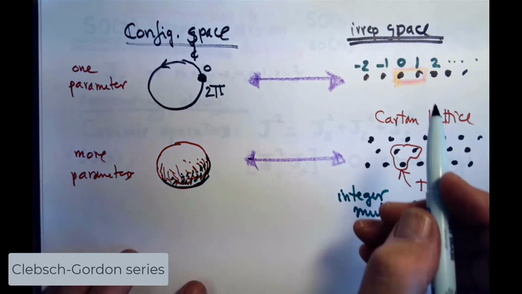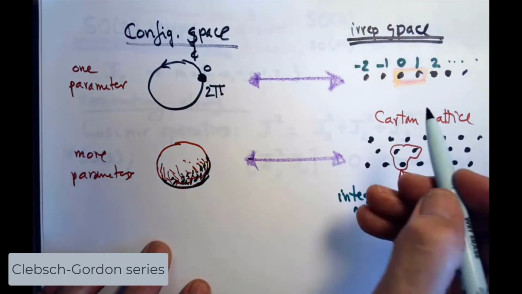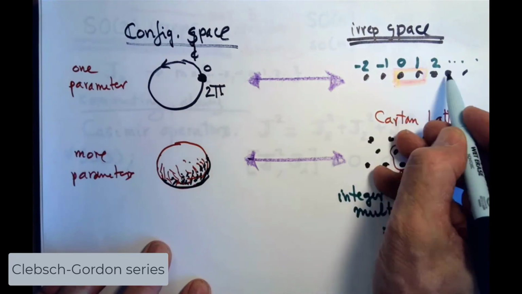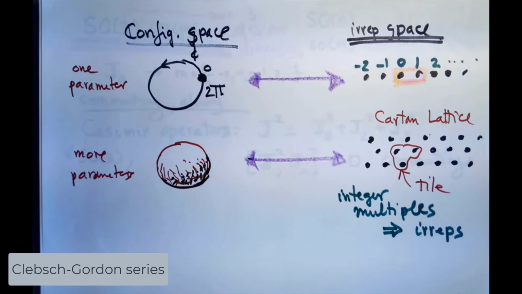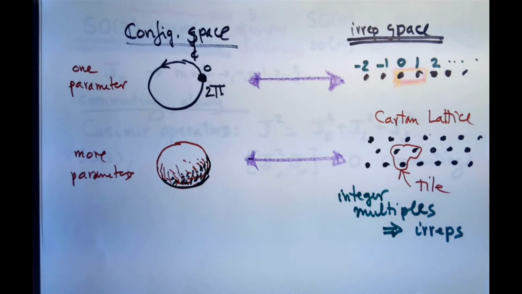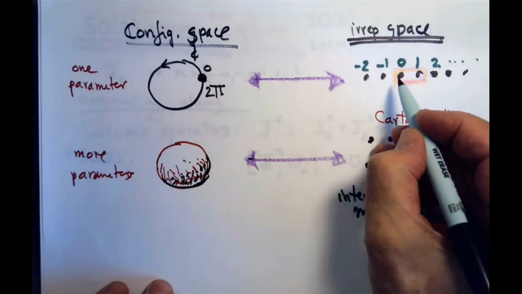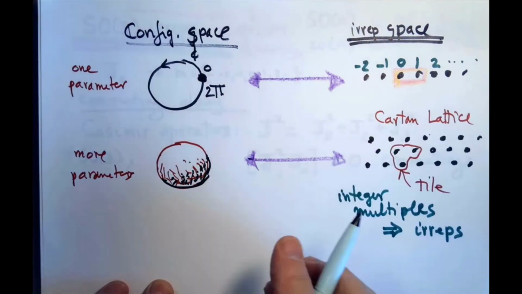And here it was extremely simple, because if you had the first and third, you multiply them, you found out that the result was irreducible representation 4. In other words, you're just adding things along this lattice.